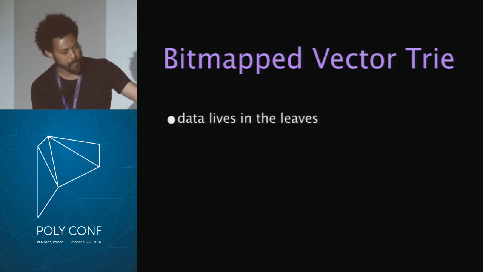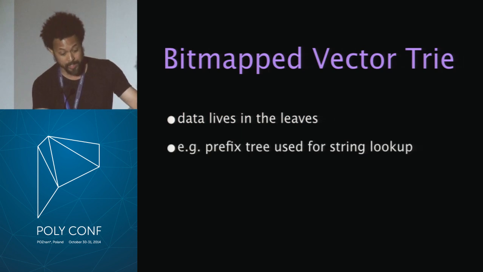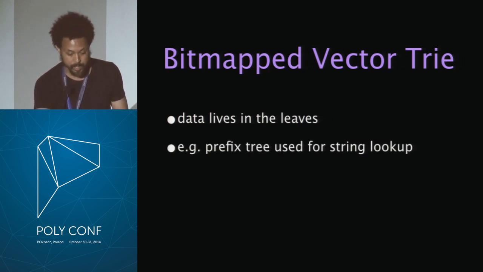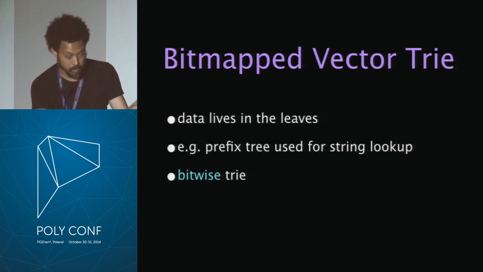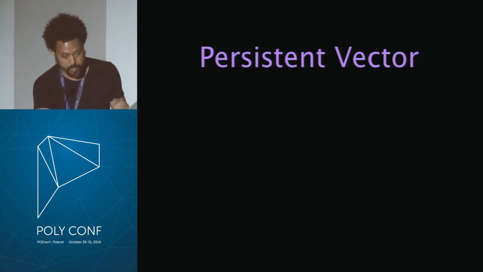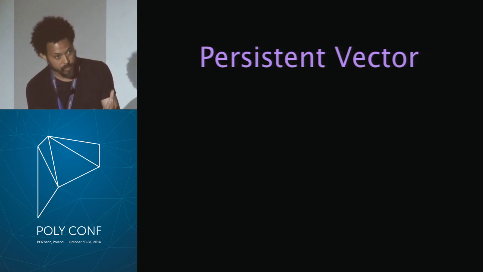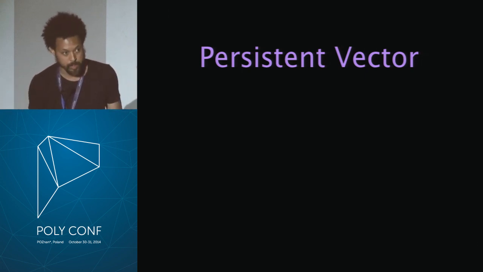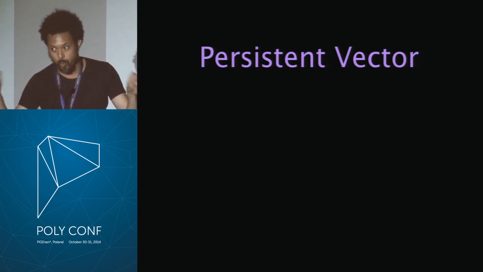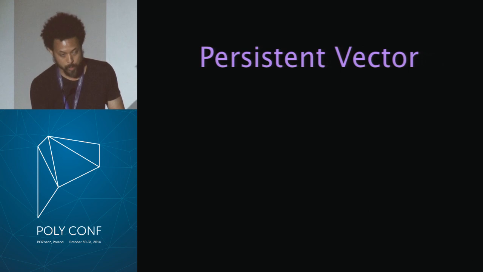In a bitmapped vector trie, data lives in the tree, data lives in the leaves. It's a prefix tree. We'll see what that means here in a second. It's a bitwise tree also. We'll see that in a second. We're going to see some pretty images for this stuff. Okay, a persistent vector. What a persistent vector is, synonymous with bitmapped vector trie, is that it's an array of arrays. You structure your data as an array of arrays. You pick some dimension n, doesn't matter.